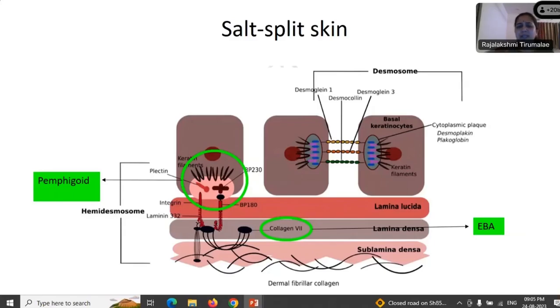So is there something we can do to separate these? Yes, and that technique is called salt split skin. The skin biopsy is incubated in 1 molar sodium chloride, which induces a split after 24 hours. Then if you do your IF, the two will get separated.